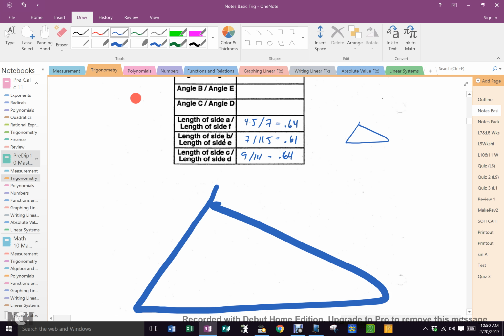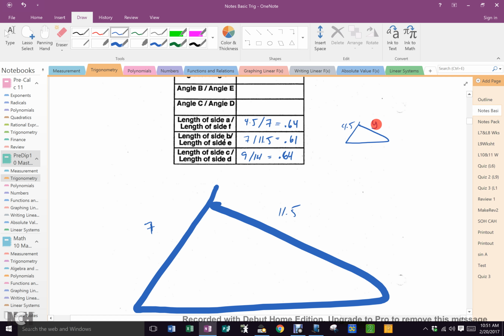All right. If you know this side is 4.5, and you know this side is 7, and you know this side is 11.5, you can then use that to find this side.